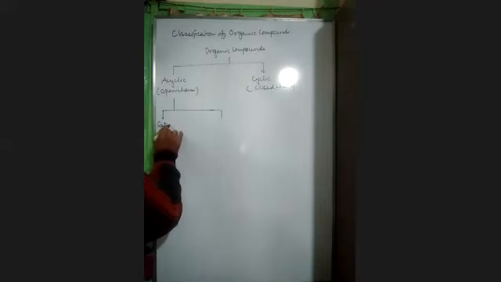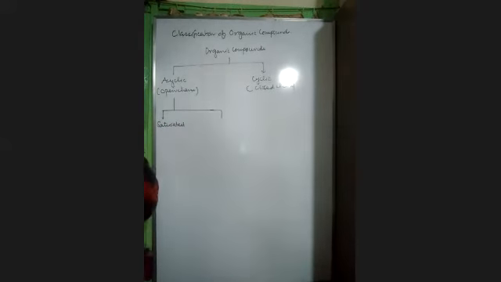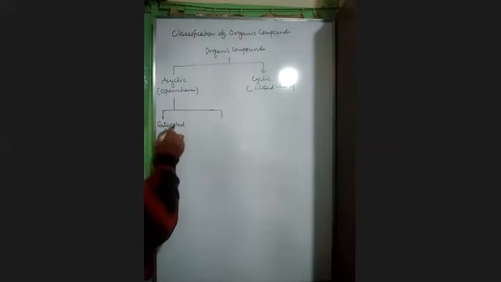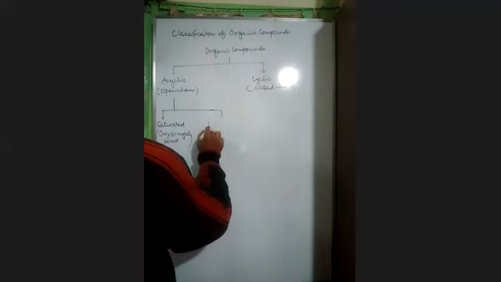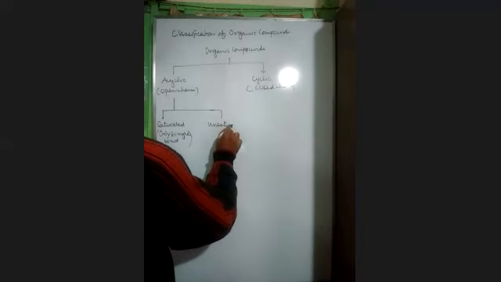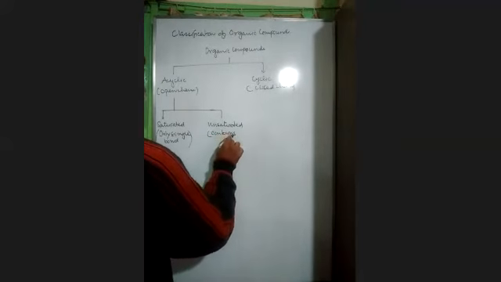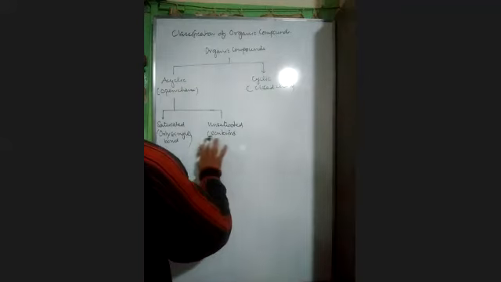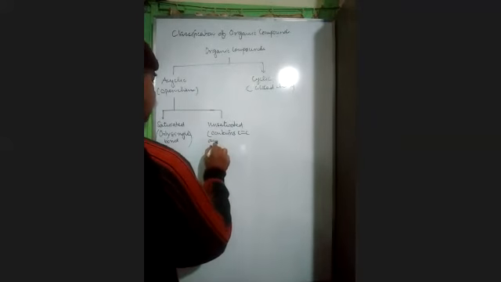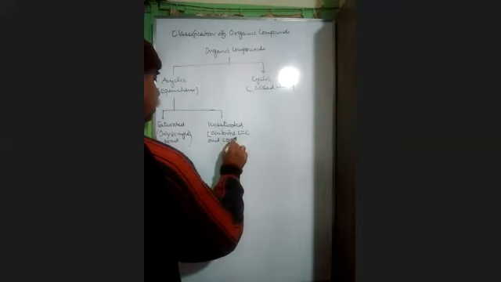We call one saturated, meaning there is no double bond or triple bond, only single bonds. And we call the other unsaturated, which contains double or triple bonds.